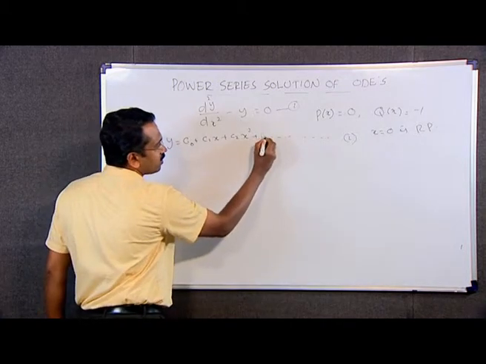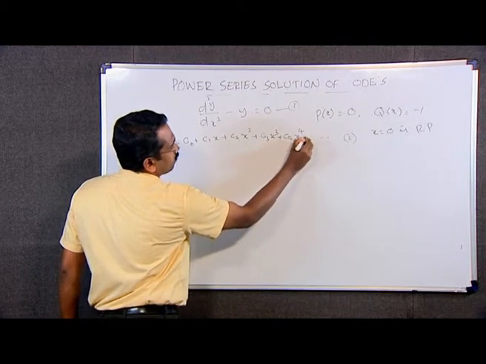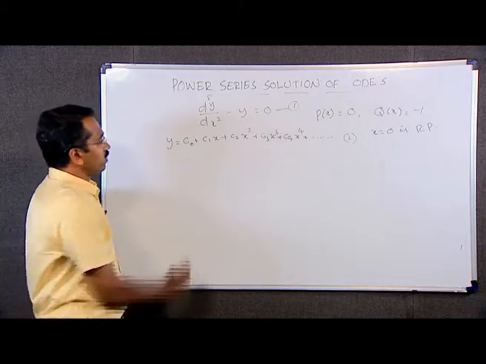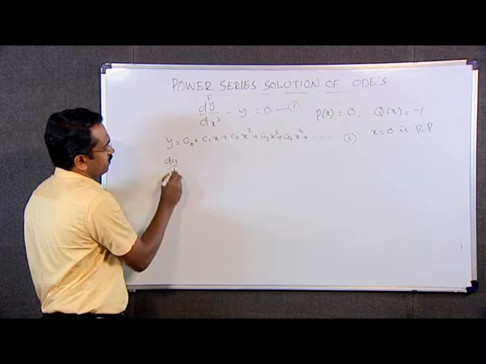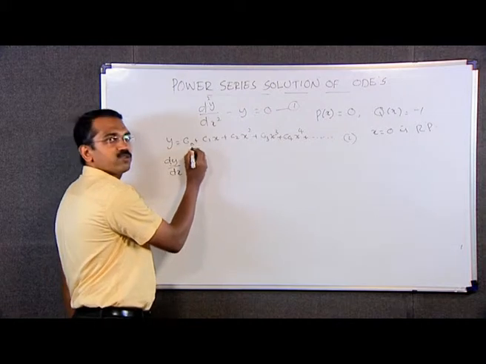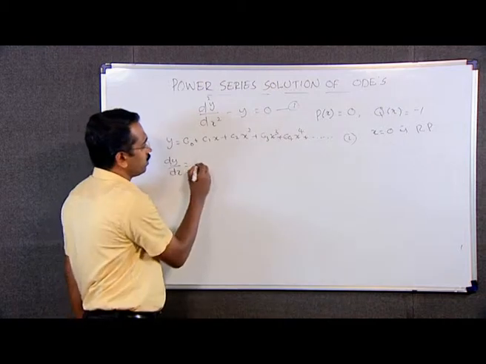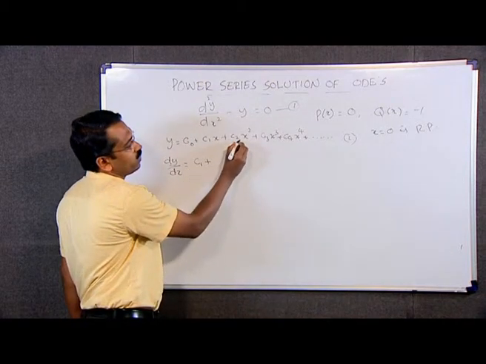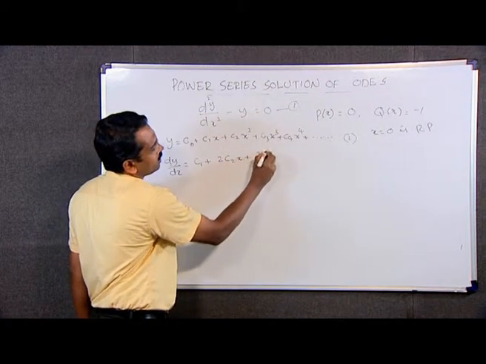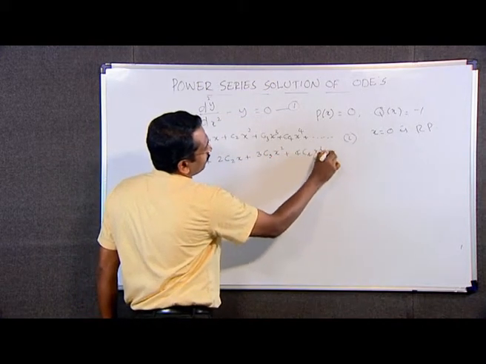The remaining terms are c3 x cube plus next term is c4 x raised to 4 plus etc. Therefore, dy by dx is equal to, c0 is a constant, therefore derivative is 0. Here derivative of c1 x is c1, plus derivative of c2 x square is 2 c2 x, here 3 c3 x square, 4 c4 x cube plus etc.